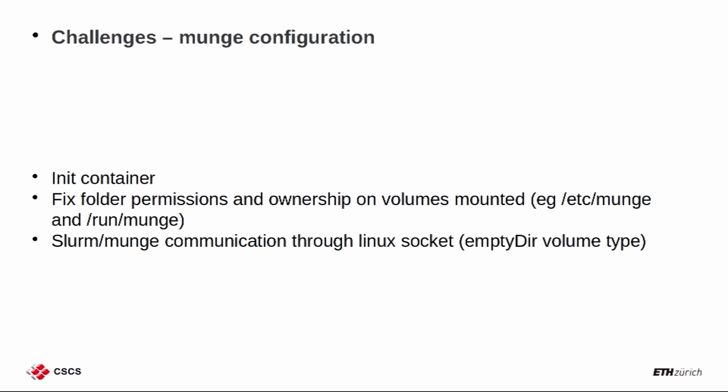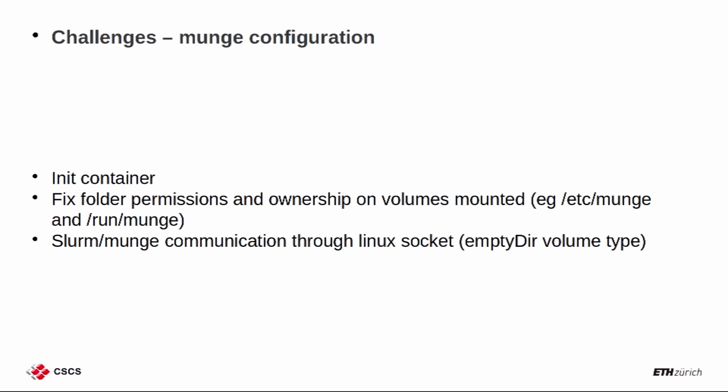To do that, we just need to create a volume and then share it. But by default, the permissions on the volumes are wide open, and then Munge will complain. One way to solve this is we just spawn an init container which will start before Munge, prepare the folder permissions, and create the Munge key if missing, and then eventually the Munge containers will start in the right environment.